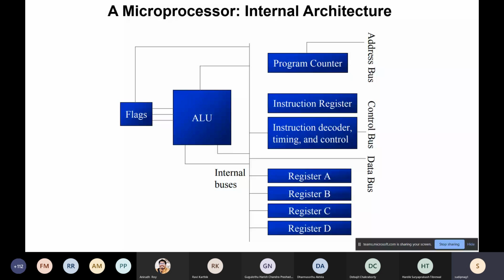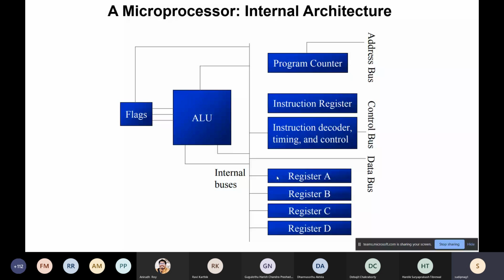So basically, whatever instruction comes, it is decoded by using a large decoder, and once any one of the decoder outputs is 1 or activated, then the timing and control takes over. It instructs the remaining blocks when to store in flags, when to store in registers. So once you're storing, reading and writing from register A or register D, you must be issuing some write and read signals, which are not shown here, obviously.